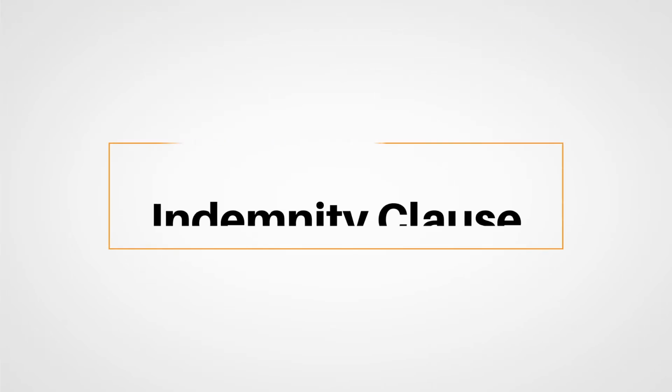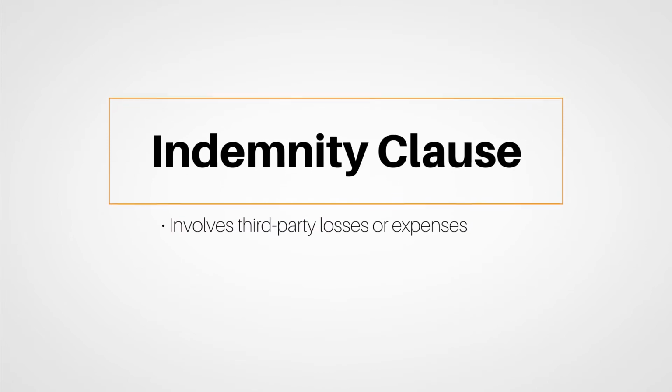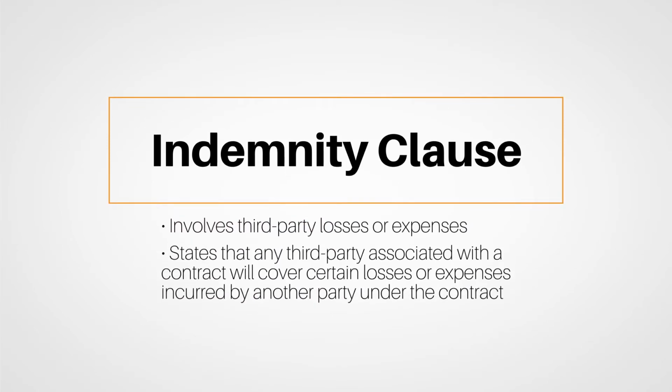There are also indemnity clauses. These clauses generally involve third-party losses or expenses. They'll state that any third party associated with a contract will cover certain losses or expenses incurred by another party under the contract. Indemnity clauses are often designed to protect parties under contract from liability and losses owed to third parties.